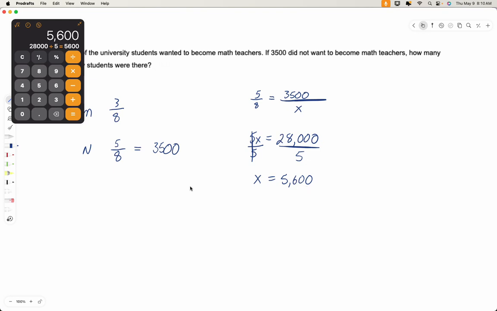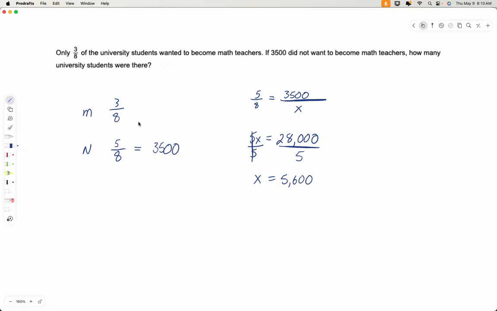Now, the other way that you could set this up is to not use the fraction. You could just say yes and no: they said yes to math, these said no to math, and there is a total.